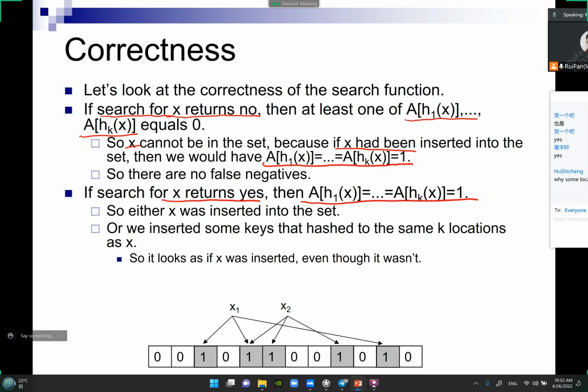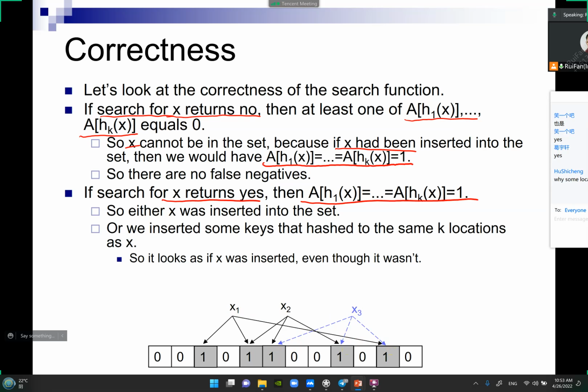Okay, so to see how that can happen, suppose you have a Bloom filter where you inserted x1 and x2. So there are only 2 items in the set. And now, suppose you check for a third item, x3, which is not in the set. But suppose it just so happens that x3 hashes to these locations, and these locations were all set to 1 by x1 and x2.